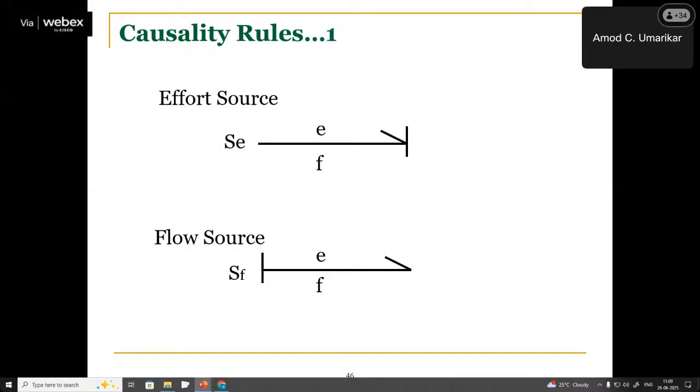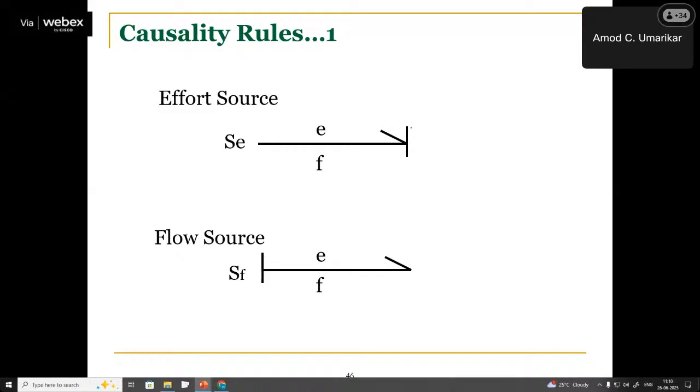Now, with this, we have to apply some causality rules. If I have a voltage source, or in general an effort source, what should be the causality? Effort is fixed here, and flow, the current, is the effect.